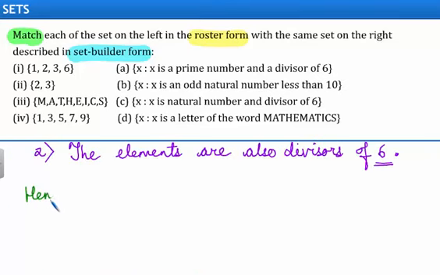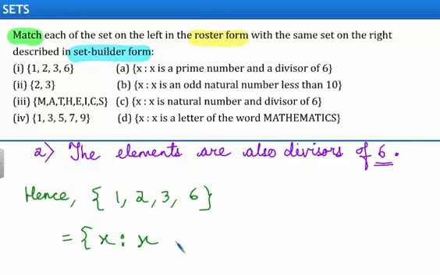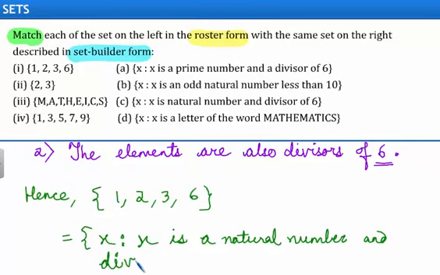Hence, this set 1, 2, 3, 6 can be written as x is such that x is a natural number and divisor of 6. So we can match this one with this C.